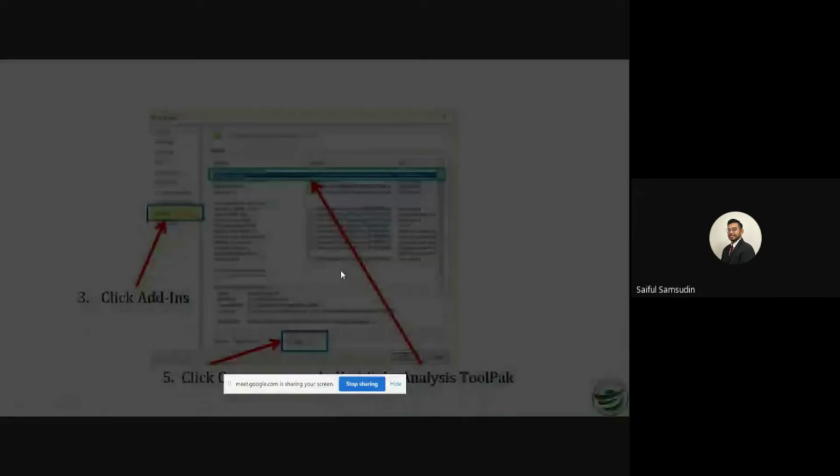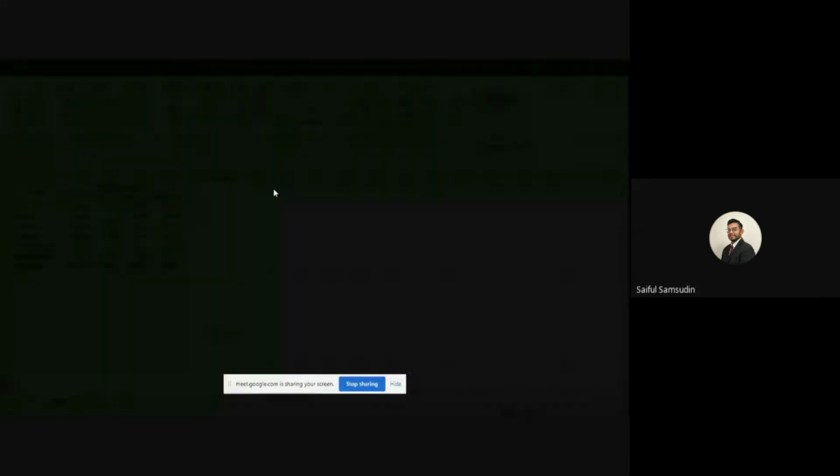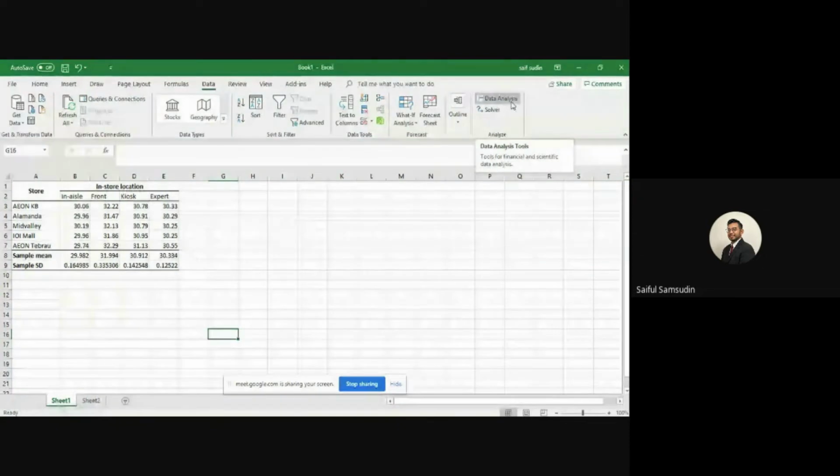It will show an add-in box, and then you choose analysis toolpak, and then you click OK. Here you can see at the data tab, at your right you see the data analysis.